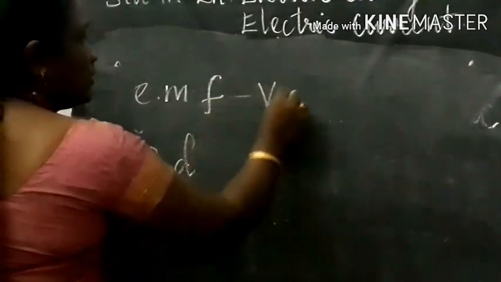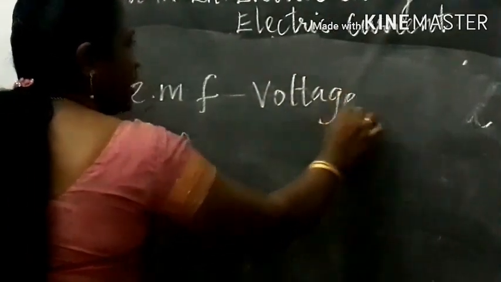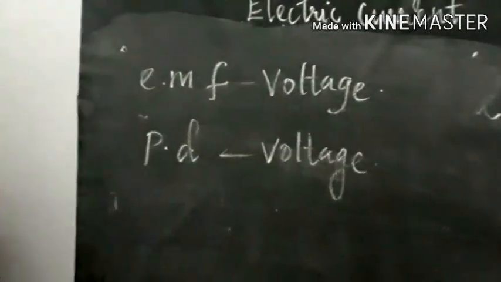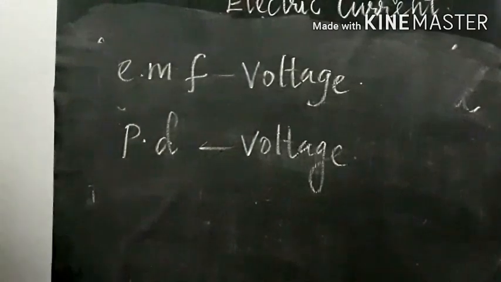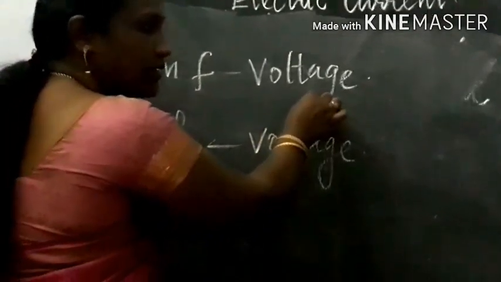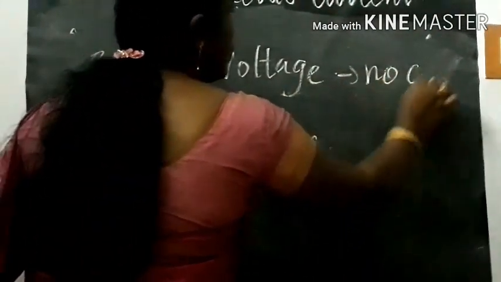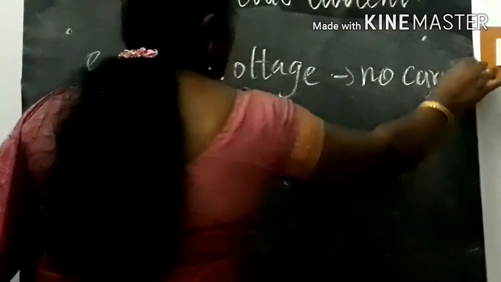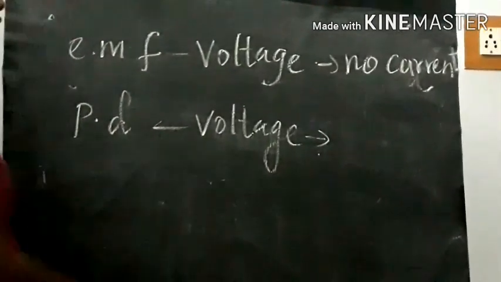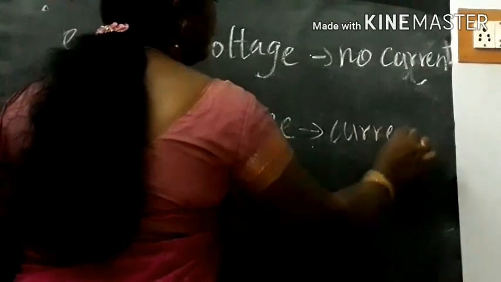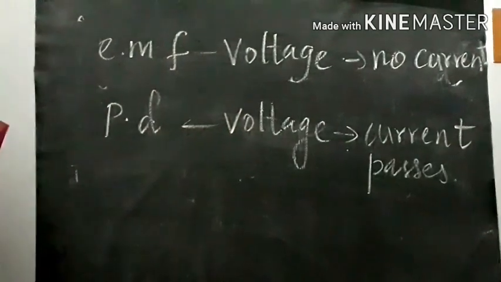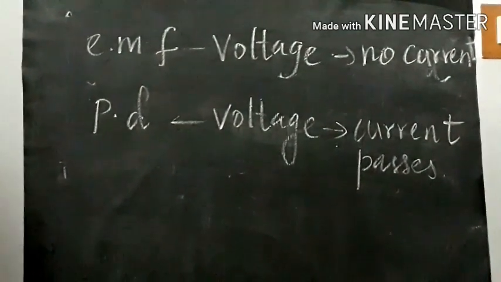Both produce a voltage across any 2 points, but in the case of electromotive force, the voltage is created when there is no current. And in the case of potential difference, the voltage is created when current passes through the circuit. So this is the difference between the electromotive force and the potential difference.